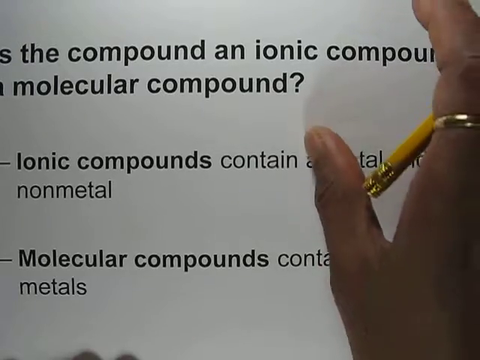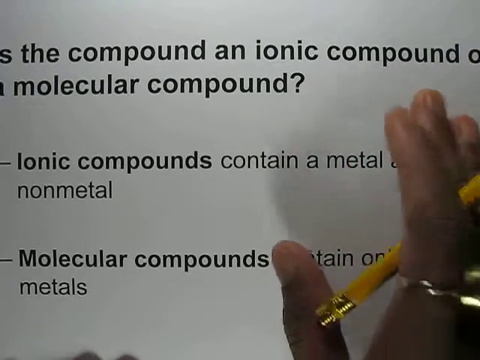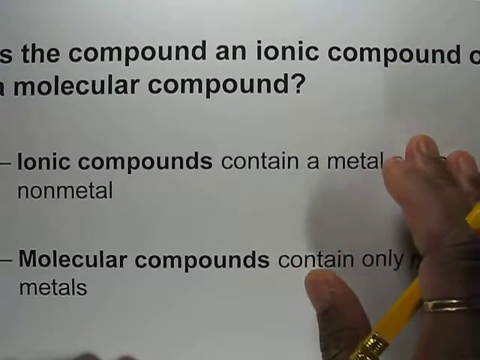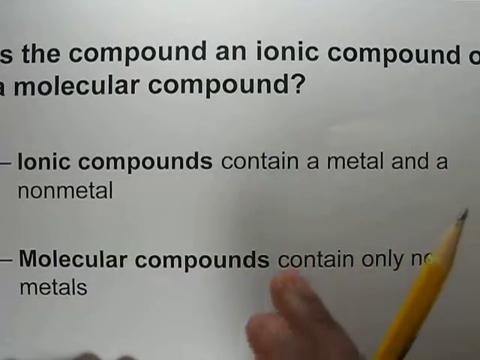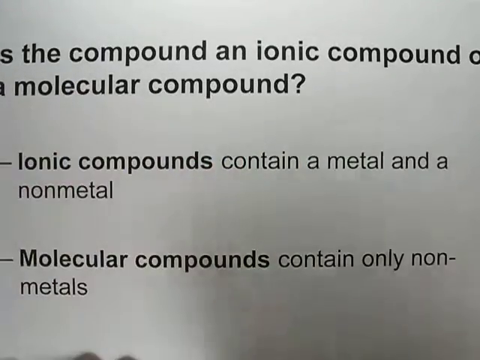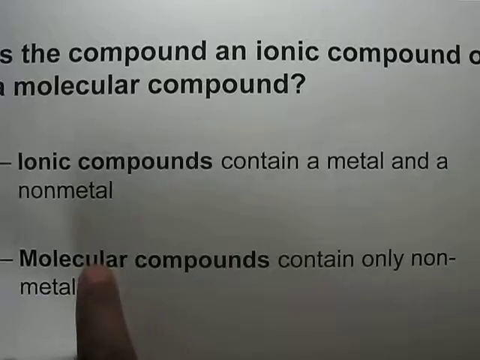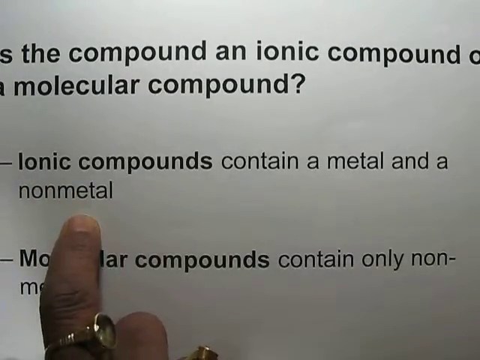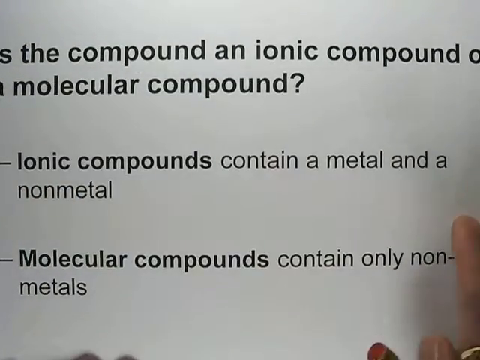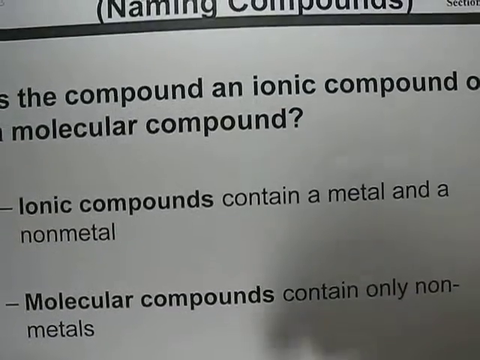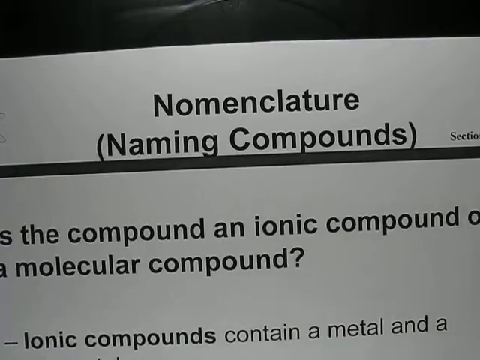If you remember the periodic table, on the right-hand side are mostly non-metals, and on the left side and in the center they are all metals. So when an ionic compound forms, it uses a metal and a non-metal.